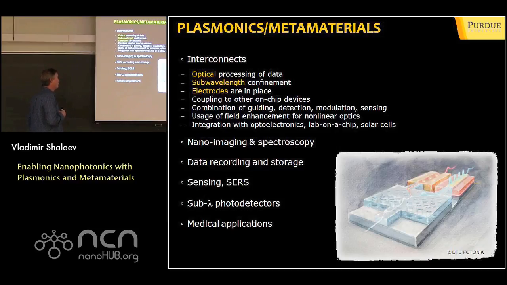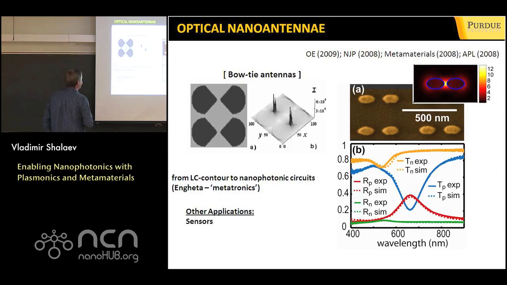So plasmonics could be used for nanoimaging and spectroscopy, data recording I already mentioned, for sensing, including surface-enhanced Raman scattering, for photodetectors, which would be extremely small, much smaller than the wavelengths, and for all types of biomedical applications. So that's all generally motivation for plasmonics and metamaterials, which are artificially designed structures that quite often have these plasmonic components.